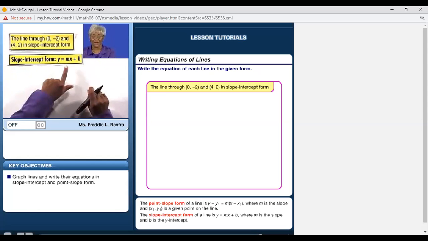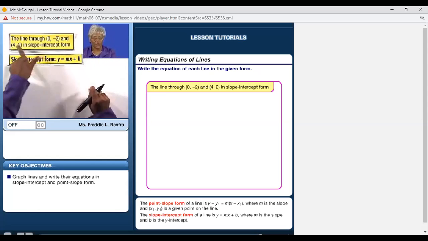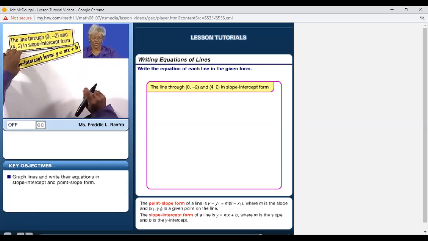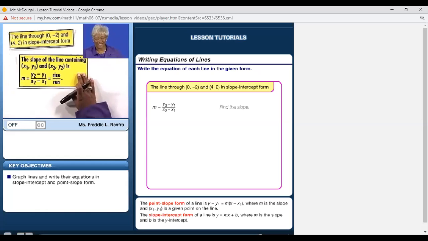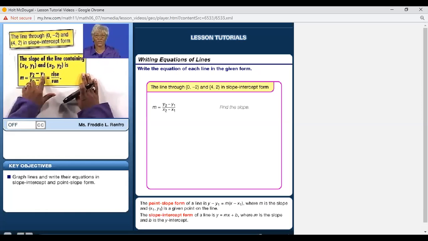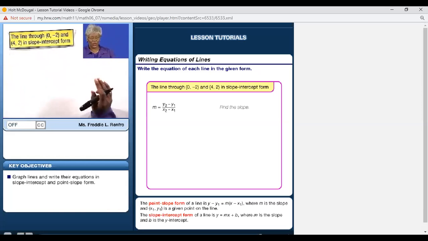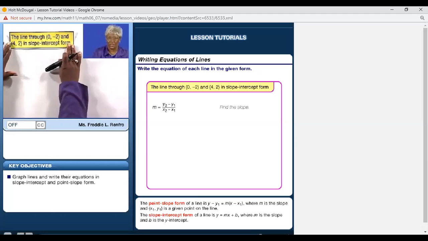Well, first thing, let's find the slope. We're given 2 points. How do you find the slope? Remember, it's the difference of the y coordinates over the difference of the x coordinates. Rise over run. Remember that? Let's do it. Let's find the slope first.